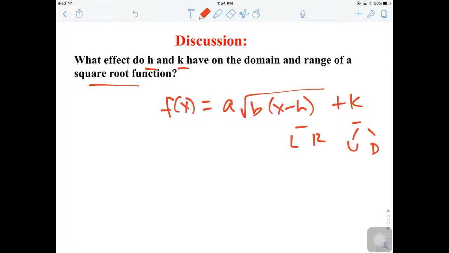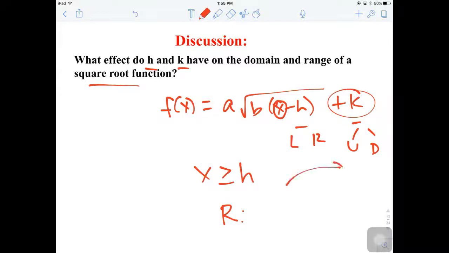And so the domain is restricted. Remember, you cannot have anything negative underneath. So in fact, x must be greater than or equal to h for the domain. If you have a graph that is going this way, you're going to have x greater than or equal to h, right?